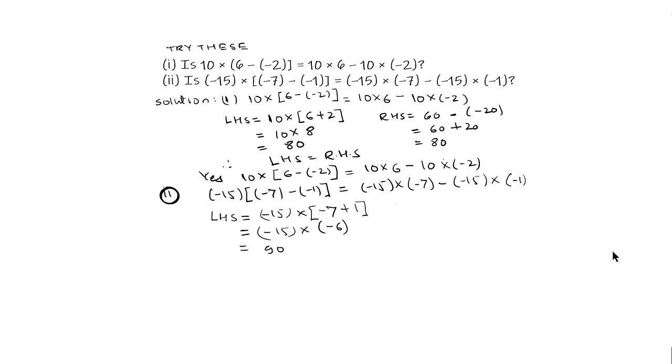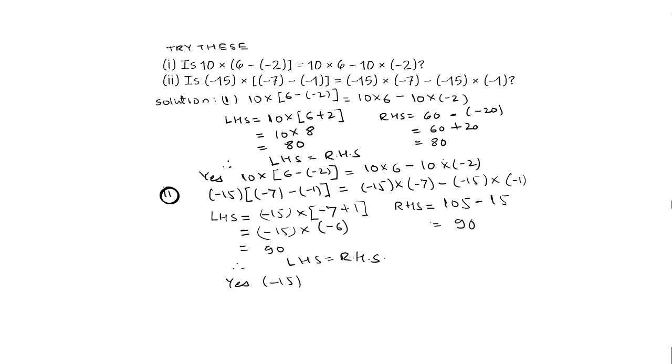Now we take RHS. Minus 15 multiplied by minus 7 equal to 105 minus minus 15 multiplied by minus 1 equal to 15. This is also equal to 90. Therefore, LHS equal to RHS. Our answer is yes.